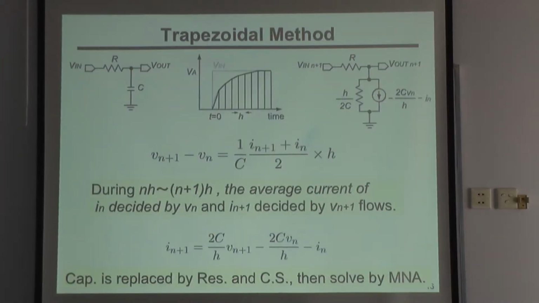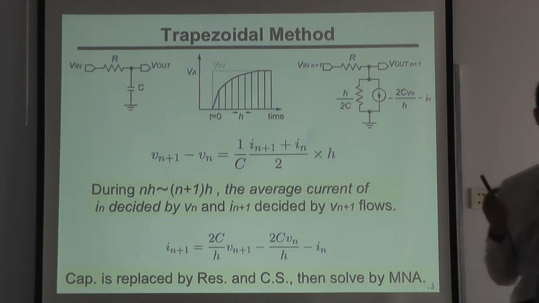So the point here is that for transient analysis, the capacitance is converted into a current source and resistance. And because this is a current source, resistance and voltage source, we can solve this by modified nodal analysis.